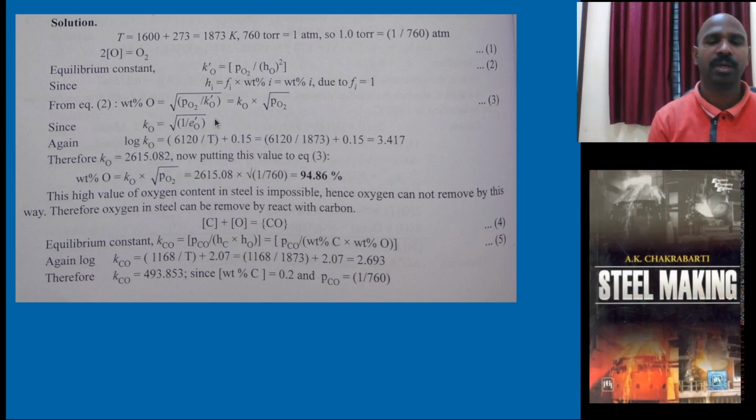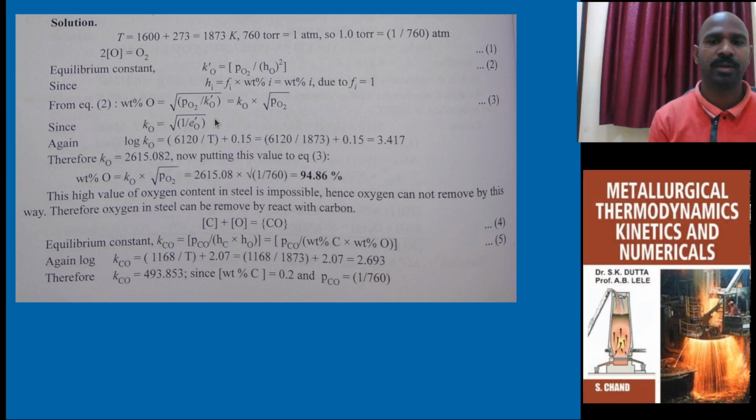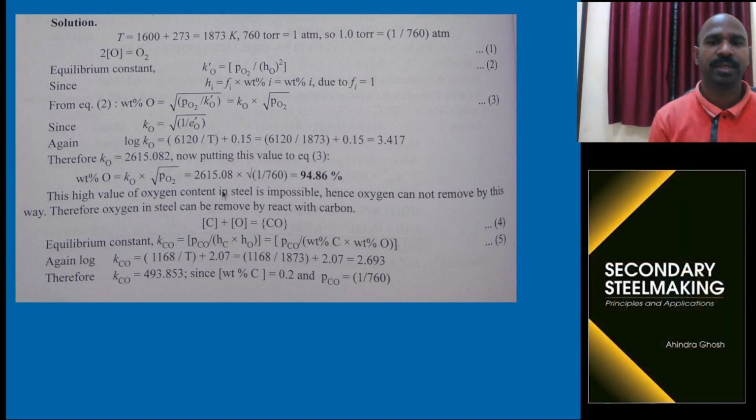Now this method suggests that you cannot calculate how much oxygen is dissolved in the steel by this equation. There was another equation given: the carbon dissolved in the steel and the oxygen dissolved in the steel go out combined in the form of CO gas.